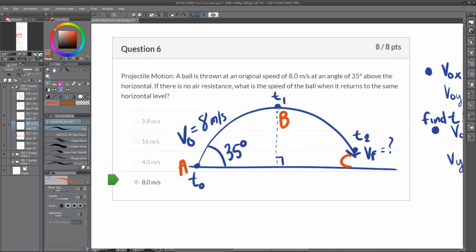Point B is the peak of the projectile, the highest point, and the highest point is always where the velocity of the y component is equal to 0. It's completely stopped at this point. And then we're trying to find the velocity at point C. What is the velocity going to be when it returns to the same horizontal level at the ground?